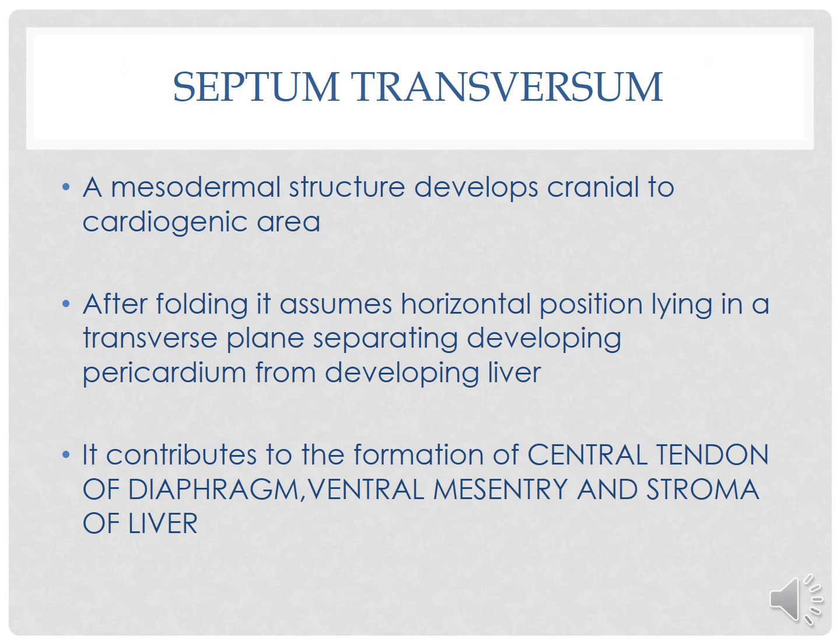So, the description of the septum transversum is given in this slide. What exactly is the septum transversum? It is a mesodermal structure which develops at the beginning of the 4th week, cranial to the cardiogenic area.